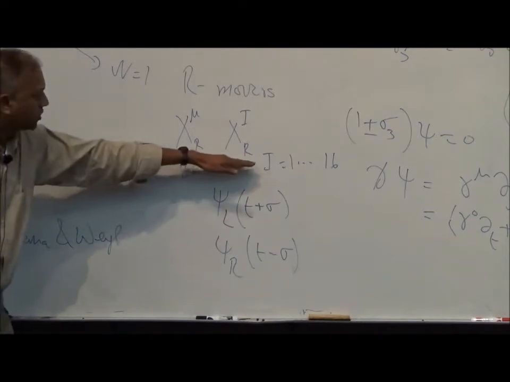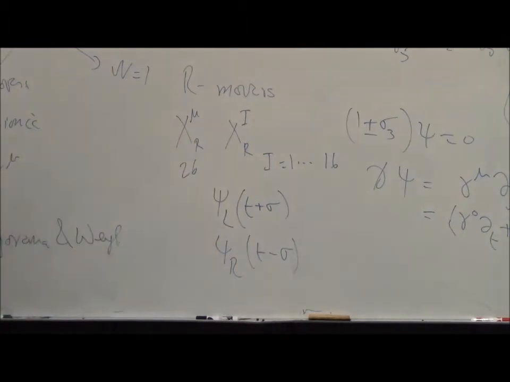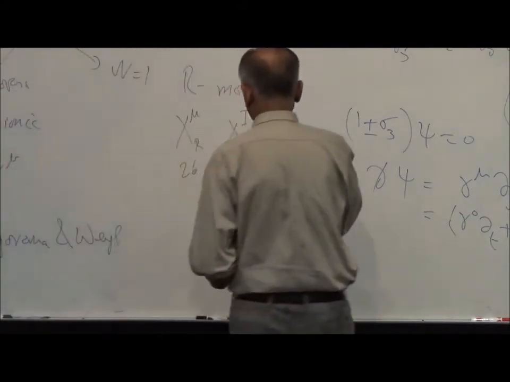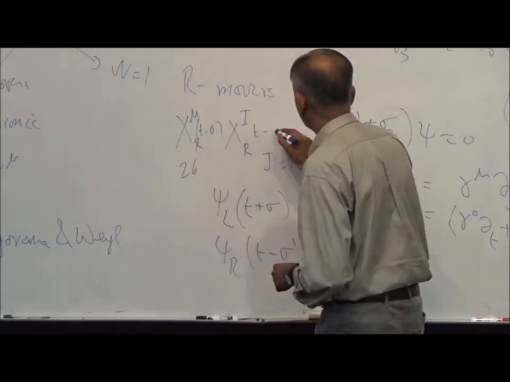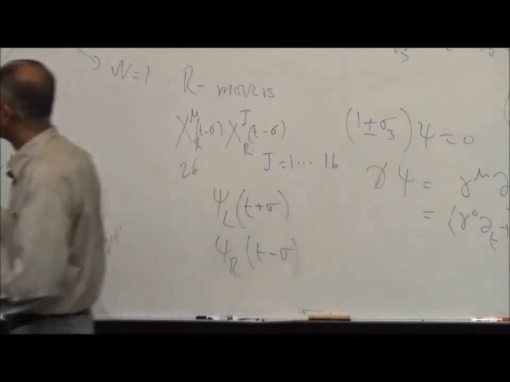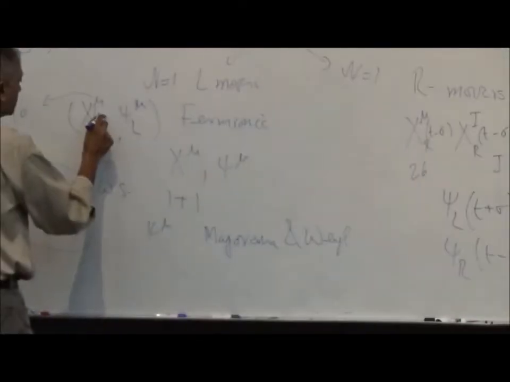And then here are some purely right moving bosonic scalar coordinates. So the question then is, what does it mean? Left movers, right movers mean these are functions of only t minus sigma, whereas here, these are only functions of t plus sigma.